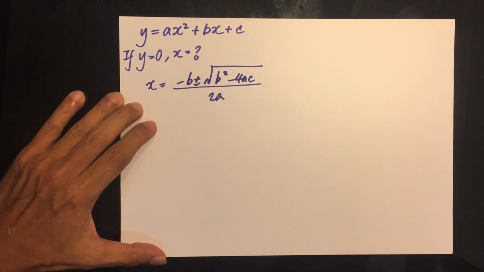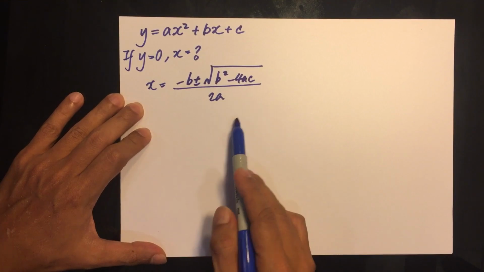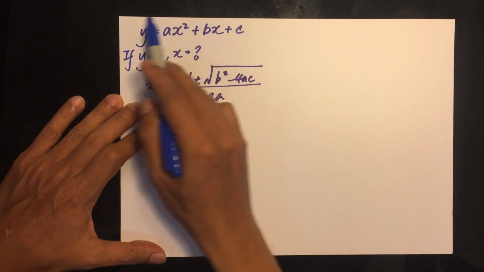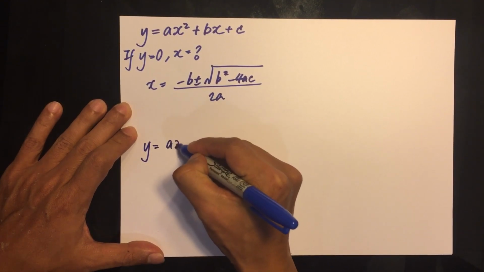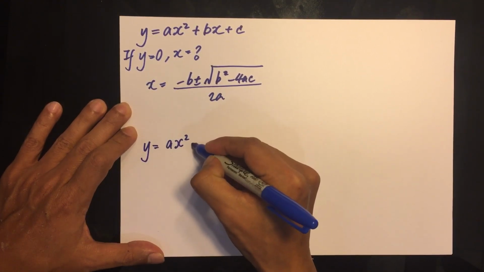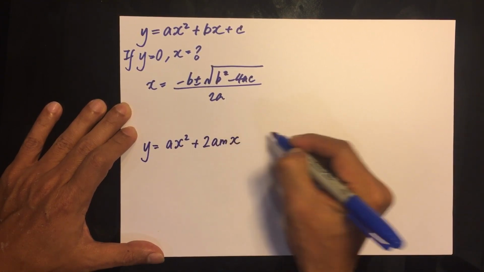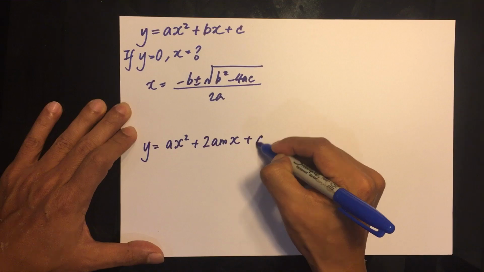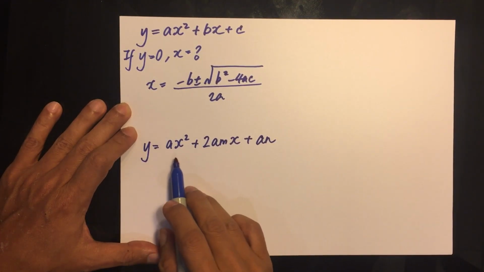Right, today we're going to show you a different approach. Instead of using these expressions, we're going to rewrite this expression as y equals ax squared plus 2amx plus an. Now bear with us.